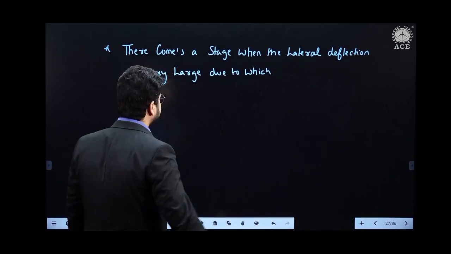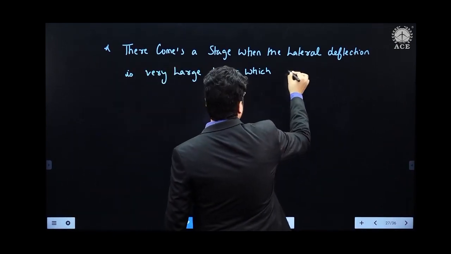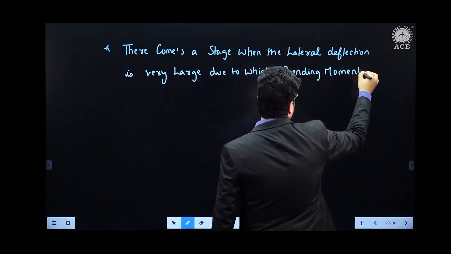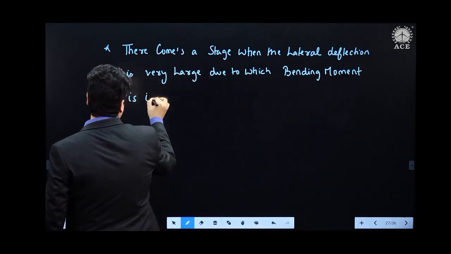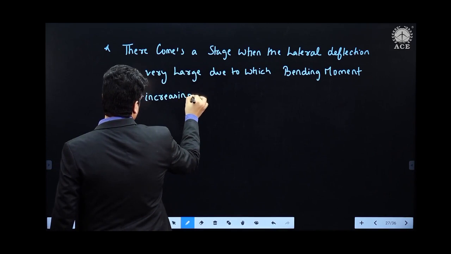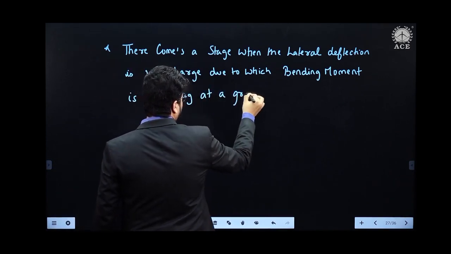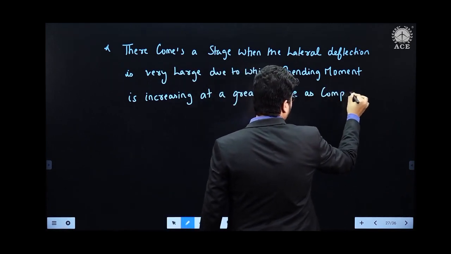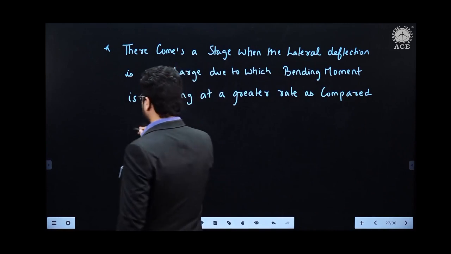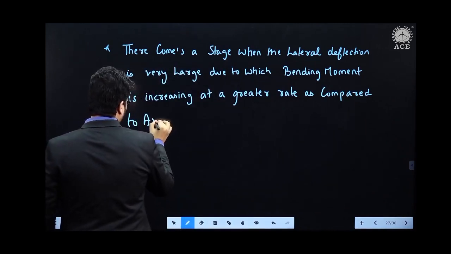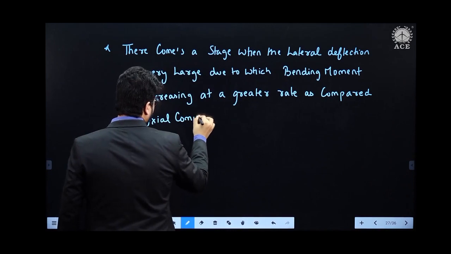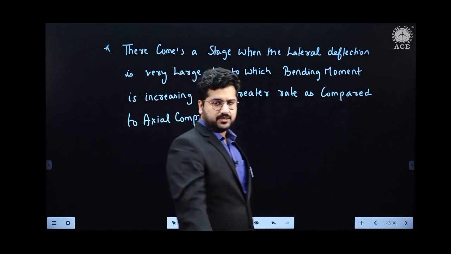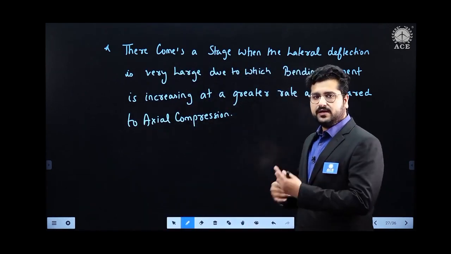So the lateral deflection is very large, due to which bending moment is increasing at a greater rate as compared to axial compression. So basically most of the column is right now sustaining the bending only instead of the axial compression. So we can say the column has already failed under buckling.